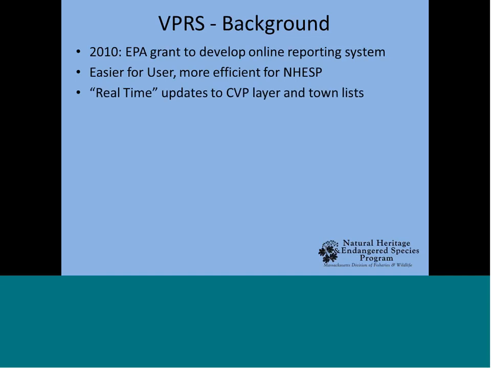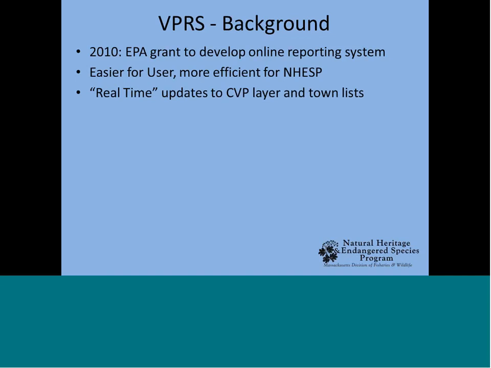We also maintain a certain amount of public data that we put out there. Certified vernal pools we put out publicly. In Massachusetts, there's a certain amount of regulatory oversight that can come to vernal pools if they're certified. So we maintain a data layer that's posted on MassGIS that prior to VPRS was updated sort of annually.